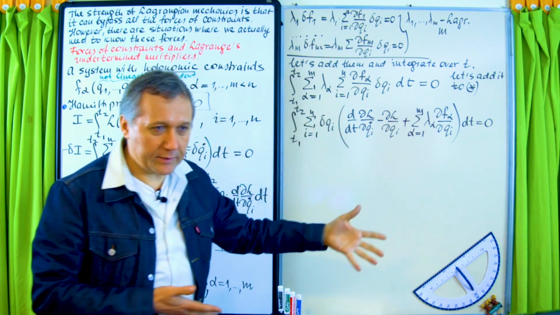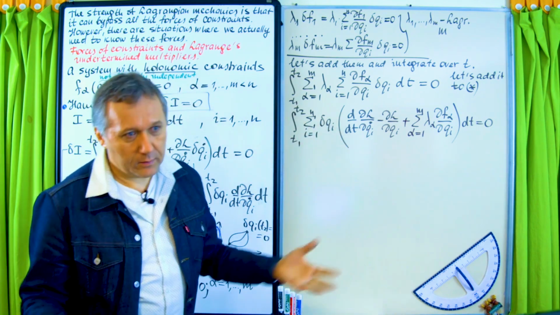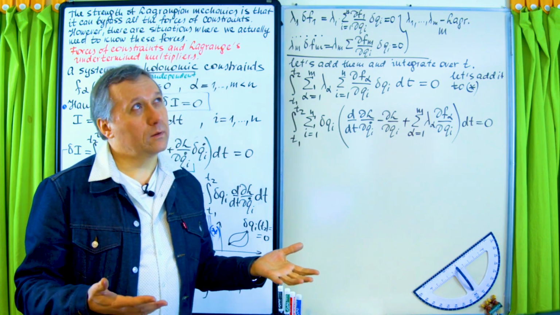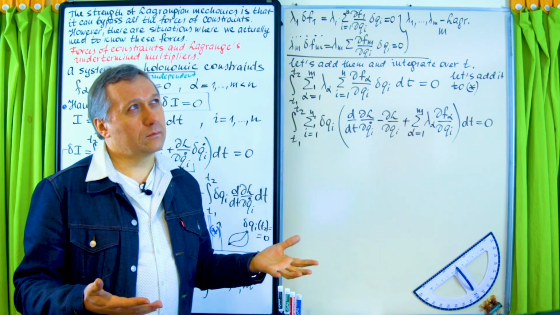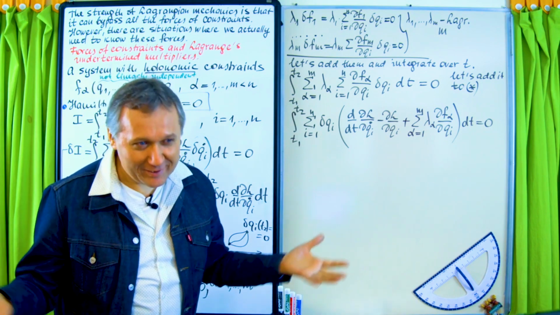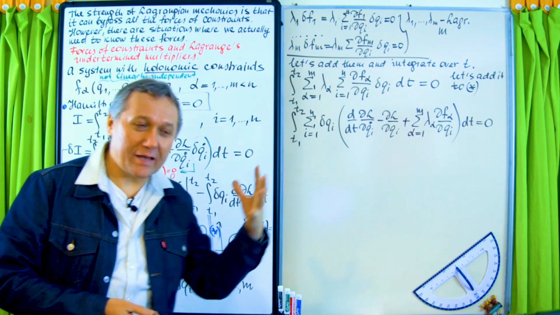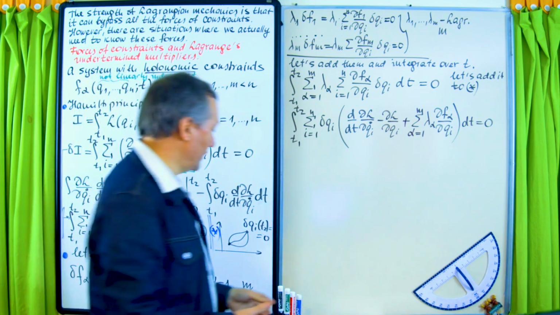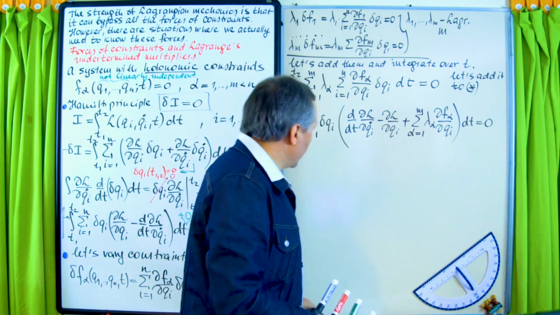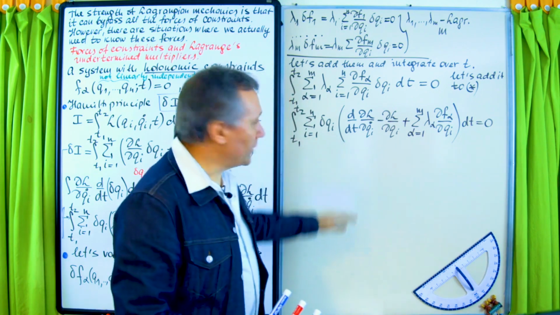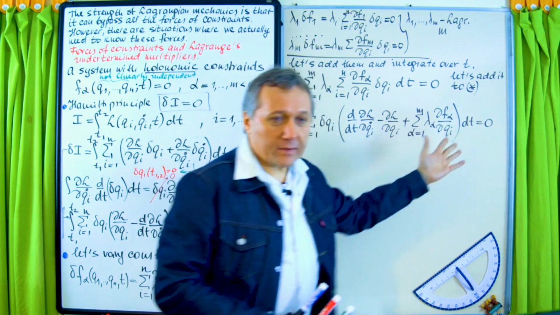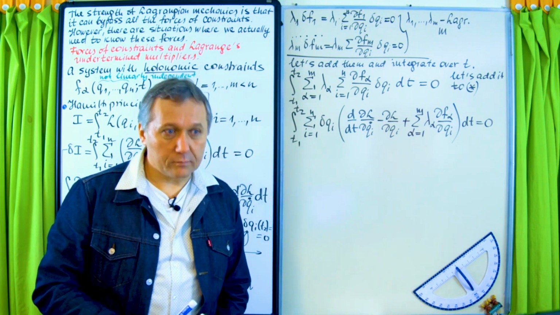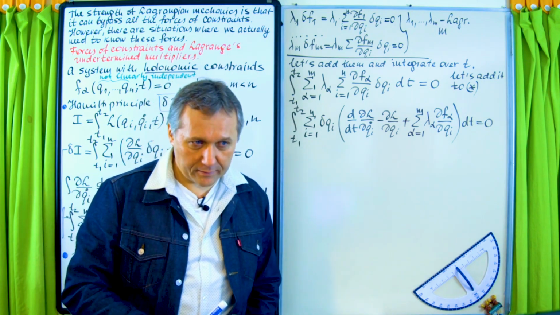N minus m of them are linearly independent and m are dependent. So it would be a crime to say that this bracket must be equal to 0. No. We have to carefully justify this step.